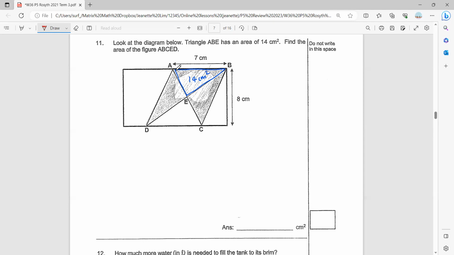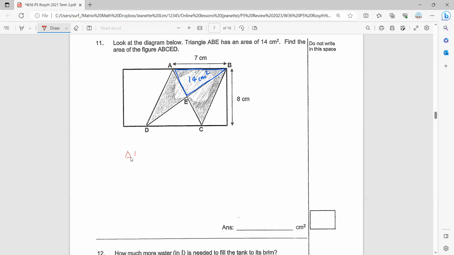We can find the area of this ABD, triangle ABD. We can also find area of ABC. Now ABD and ABC, they both have a base of 7. Then they both have a height of 8. So okay, let's find triangle ABD first.